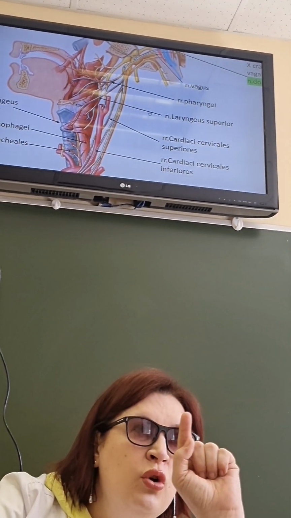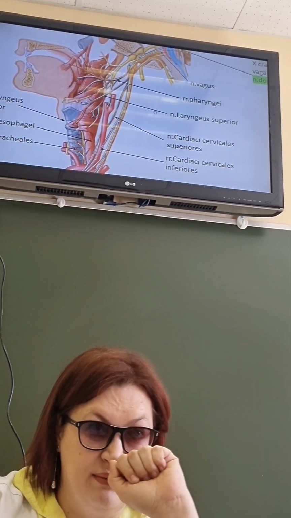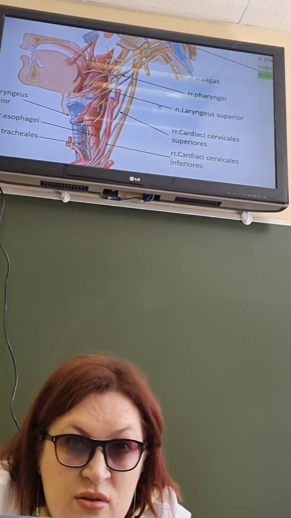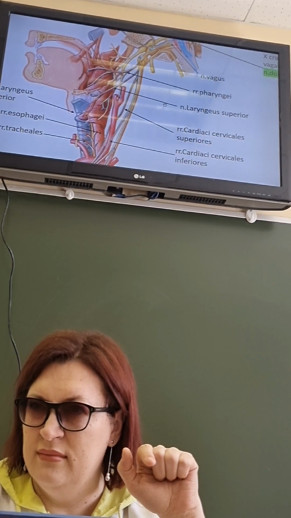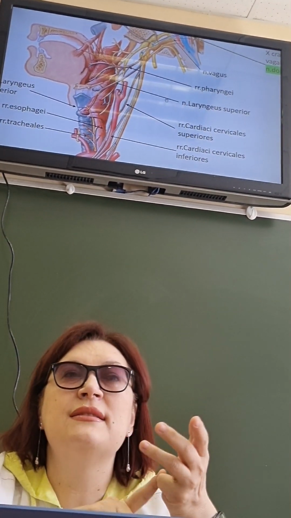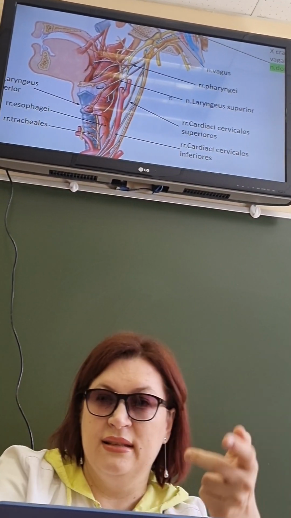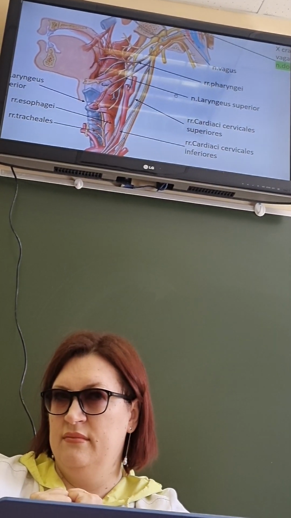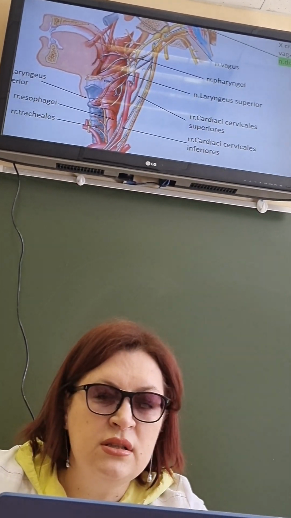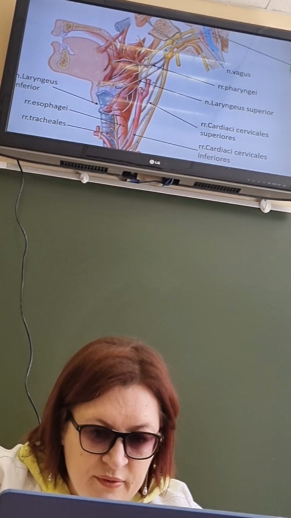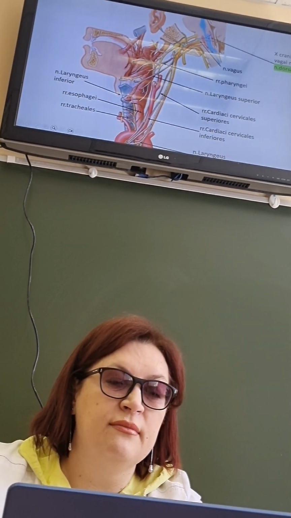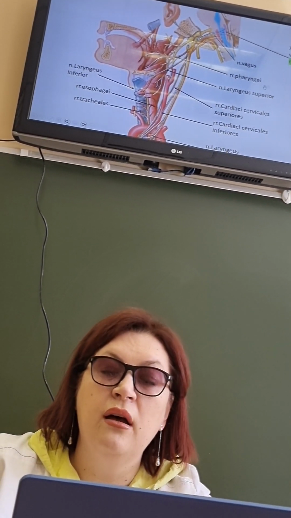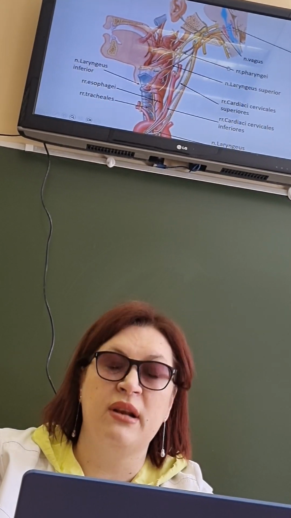But don't forget about sympathetic, because these plexuses are mixed and contain sensory, sympathetic, and parasympathetic fibers. So the first group of fibers forms the lingual branch or pharyngeal branches.